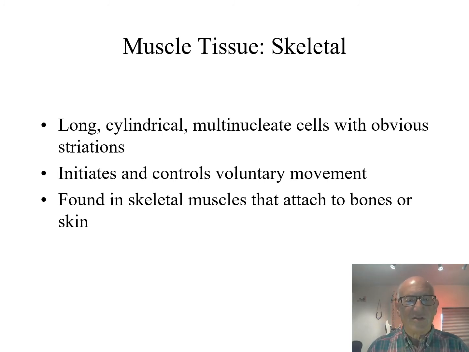Skeletal muscle initiates and controls voluntary movement. They are voluntary. That means you can control them with your conscious mind. They're found in skeletal muscles that attach to bones or skin. Most skeletal muscles attach to bones.